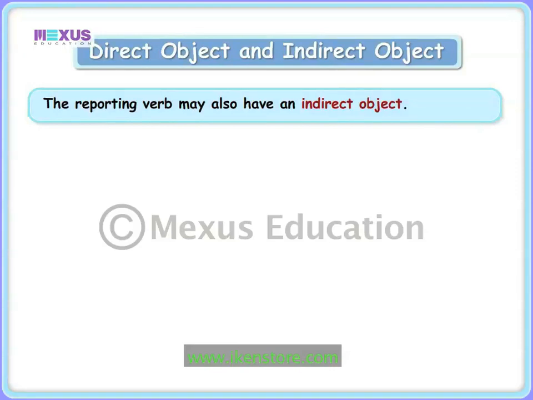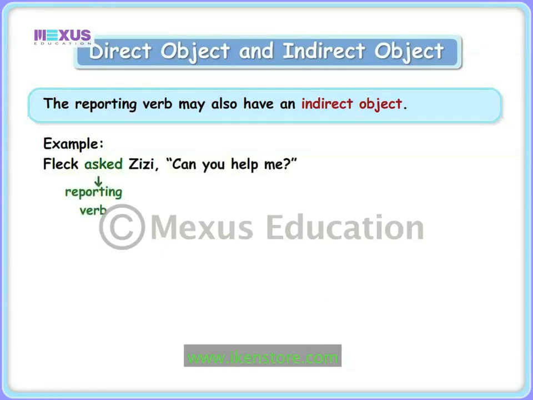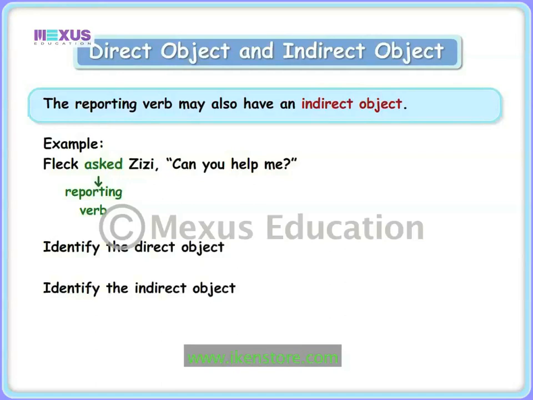Let's take a previous example again. Fleck asked Zizi, can you help me? Here, the reporting verb is asked. It has both a direct and an indirect object. We can identify both the objects by asking questions.